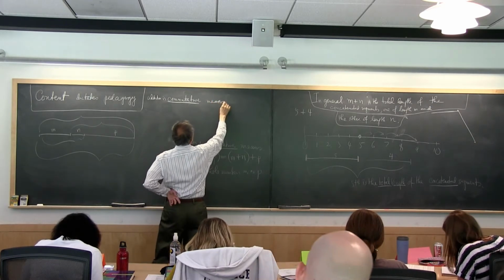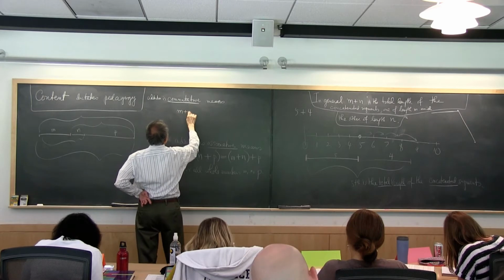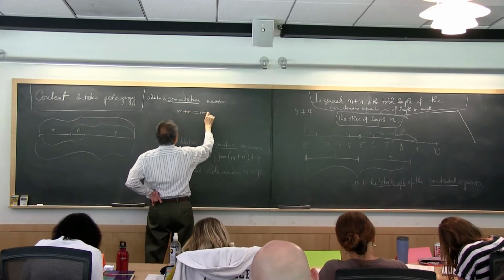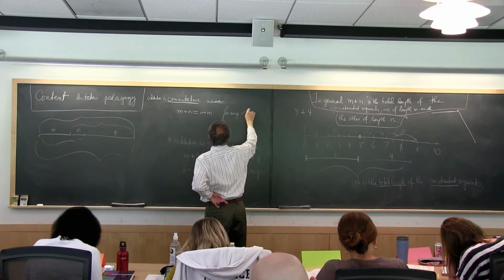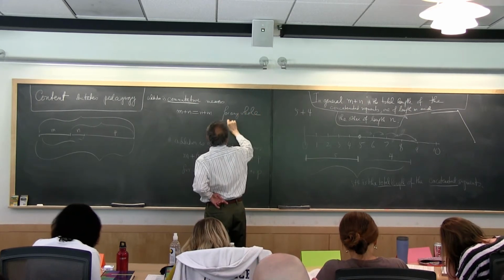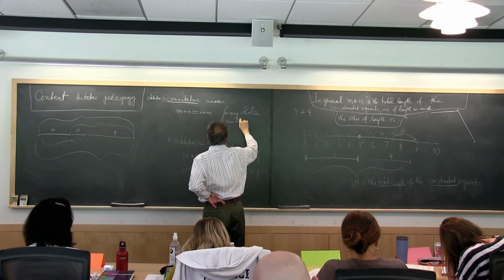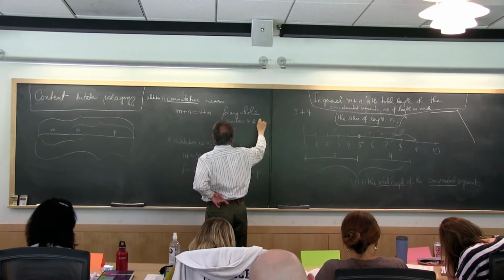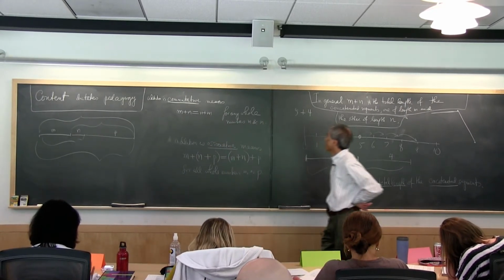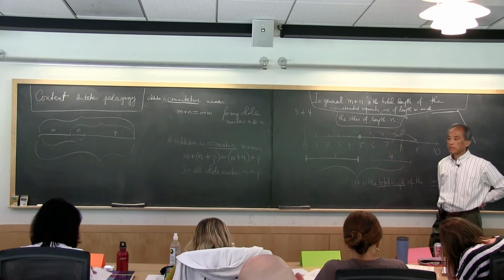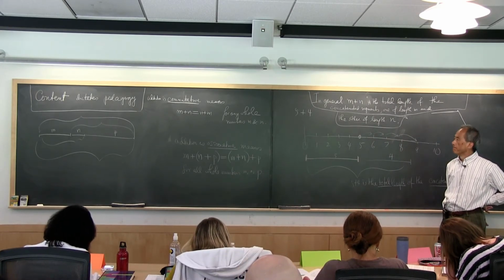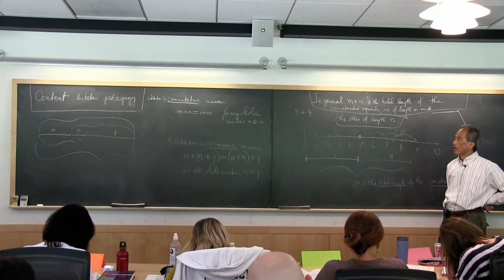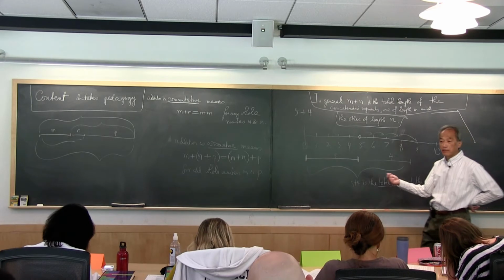Means that m plus n is equal to n plus m for any whole number, right? That's the meaning of commutative. You know that, right?